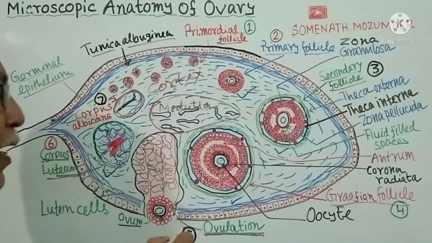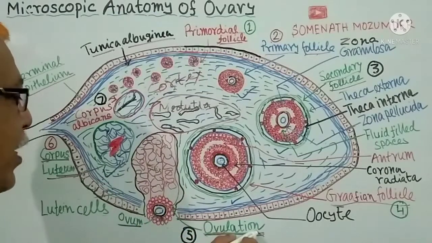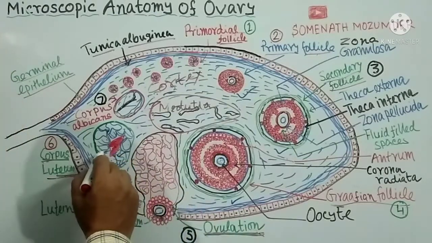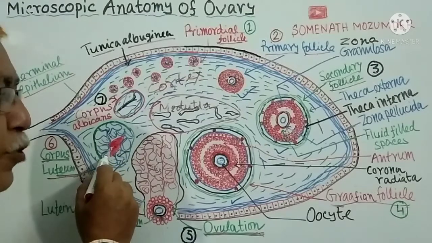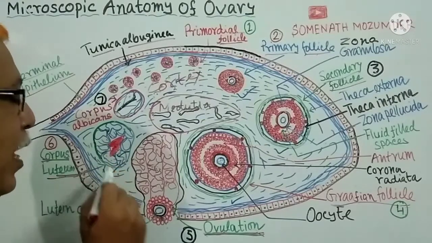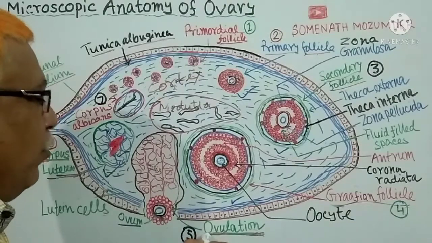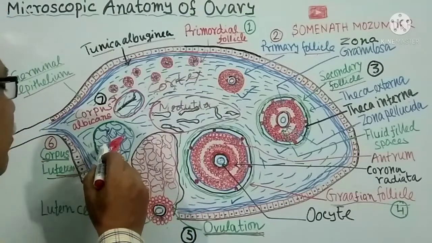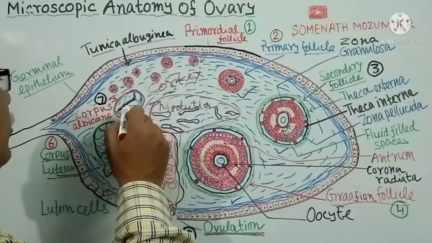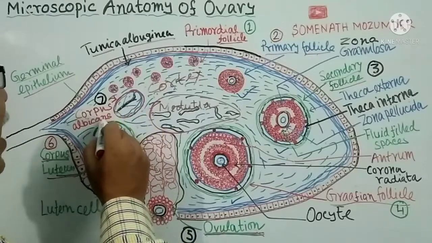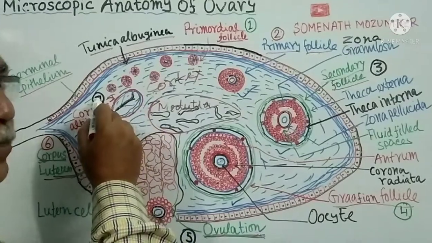If fertilization takes place after ovulation, then corpus luteum continues to produce sex hormones, and if fertilization does not take place after ovulation, then corpus luteum is transformed into corpus albicans, number 7.